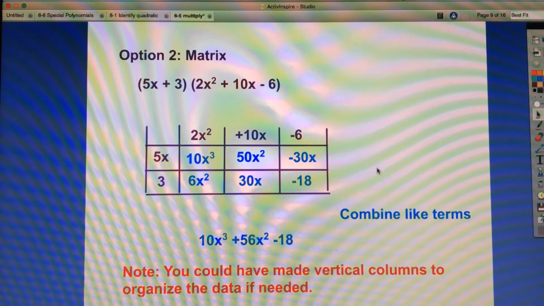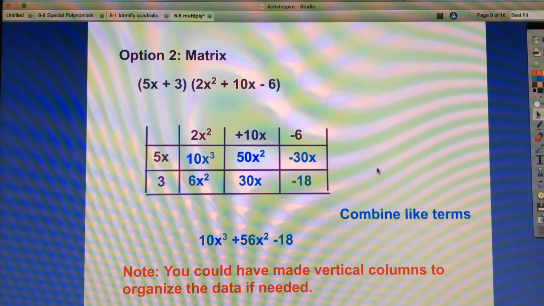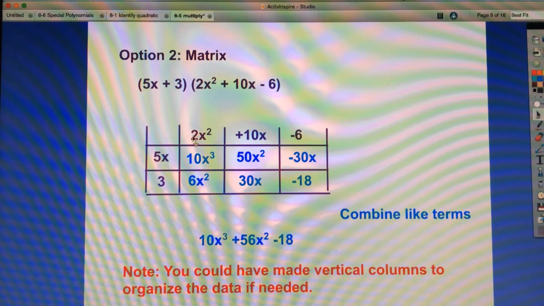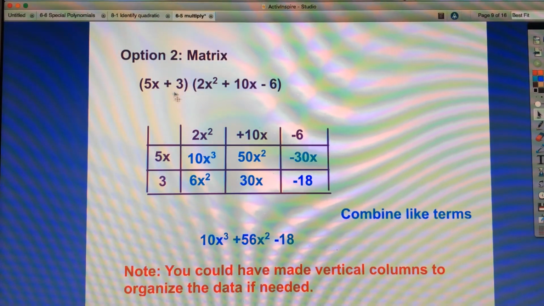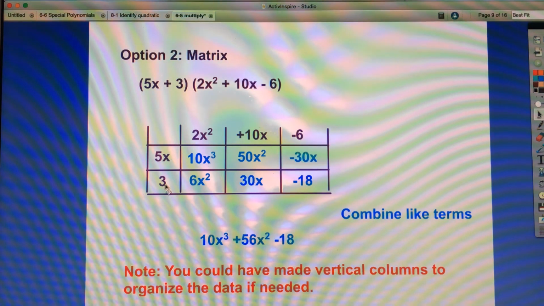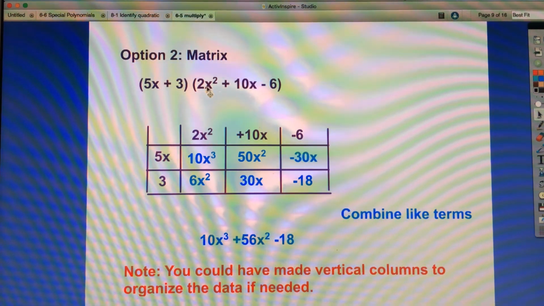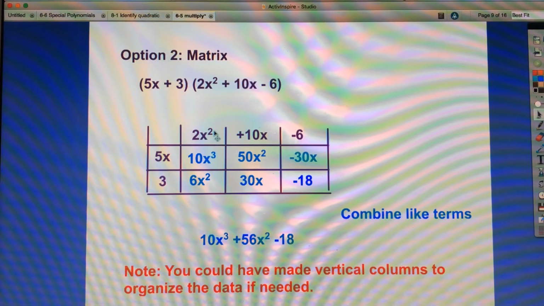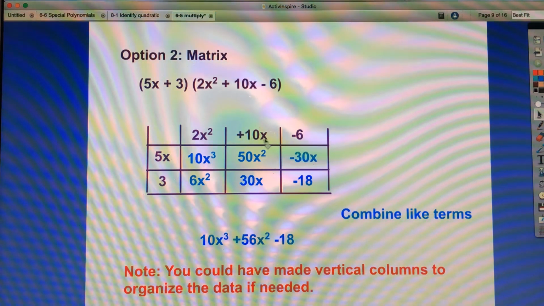Okay, I'm not worried about speed here, so let's just set up our matrix. We've given it a new name, matrix. I take my first polynomial, 5x and a positive 3. My second polynomial, 2x squared, positive 10x, negative 6. Now I do just like I did in 3rd grade.